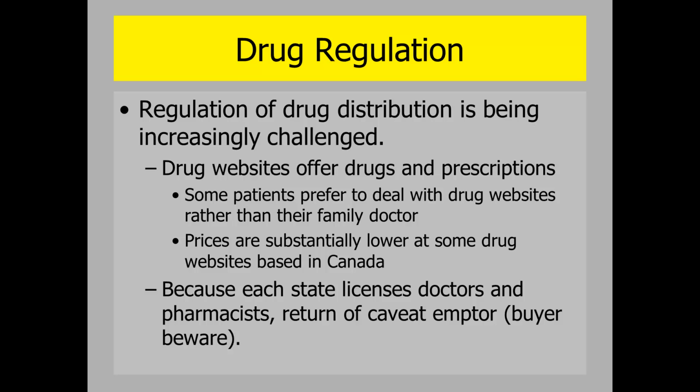So drugs are being distributed, usually the ethical drugs are distributed through the pharmacy system, but the drug distribution is changing with the internet. So there's websites on the internet that offer drugs and prescriptions, and there's also insurance companies that encourage you to receive your drugs from large companies that will cut you a price. They're large pharmaceutical companies that will ship the drugs to you.